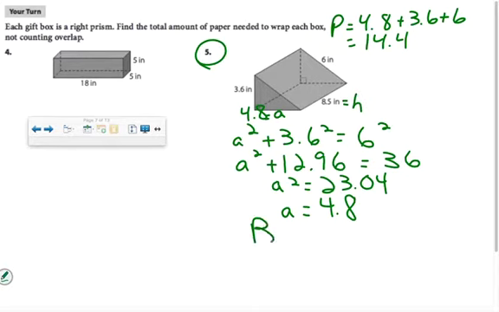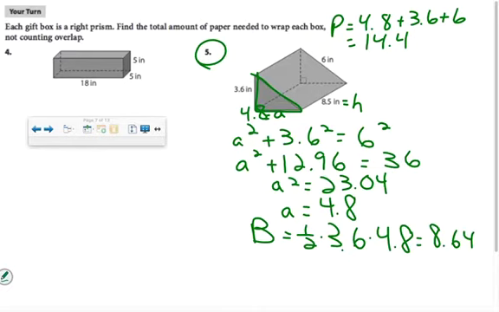The capital B is 1/2 base times height for the triangle here, so that would be 1/2 times 3.6 times 4.8. And my capital B is 8.64.